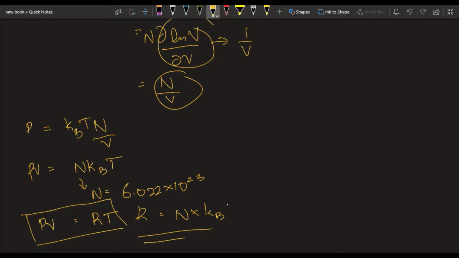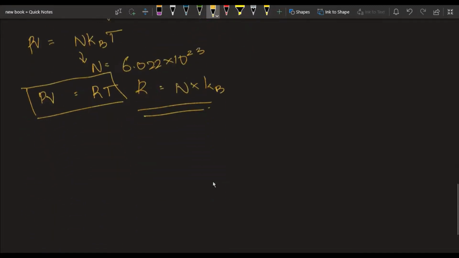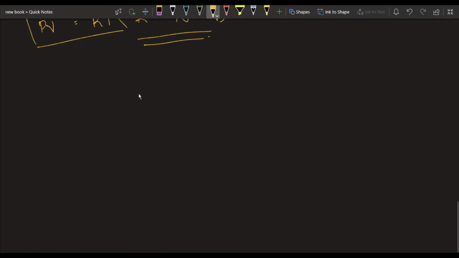Okay, now let's check out the specific heat at constant volume. So we know that the Cv is defined by dou E by dou T at constant volume.